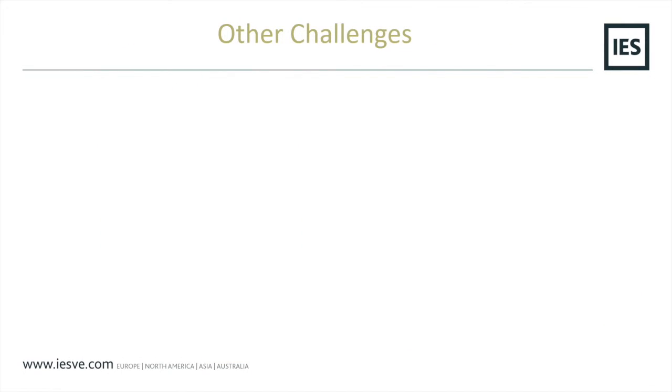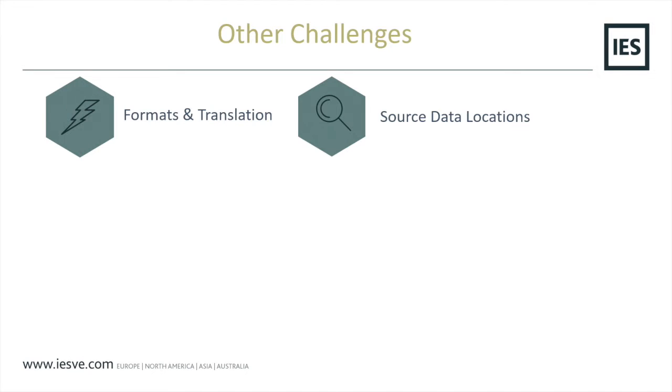A few more challenges. When you start to get into data from different systems, you've got different formats. Some are maybe in a database, some are in a CSV, comma-separated value file. So different formats, different places to get the data. The frequency of trending: we talked about half-hourly data, but your standard BMS system might give you 15-minute interval data.